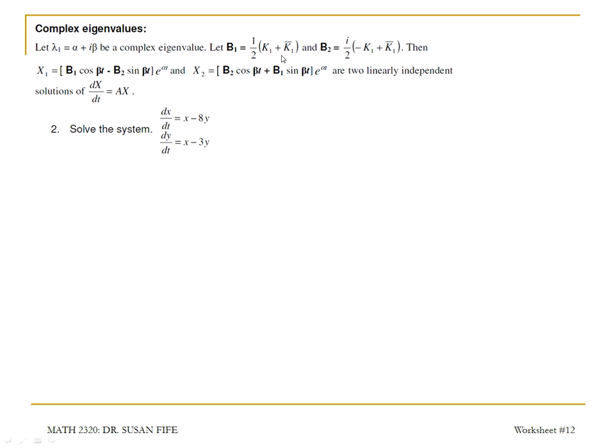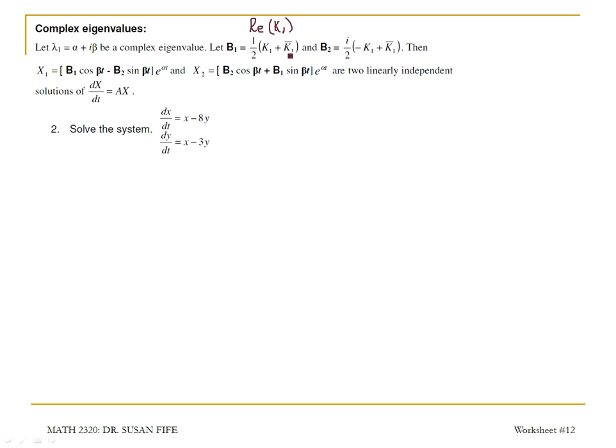And so if we add K1 to its conjugate, then we're going to get only the real parts. So this is actually also called the real part of K1. You're going to be adding the real parts because the imaginary parts will drop out.